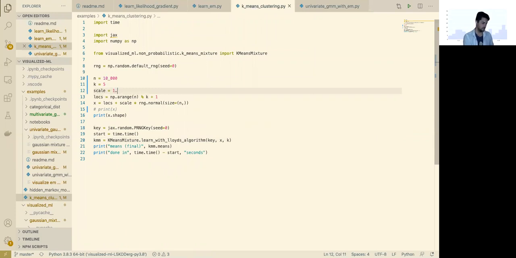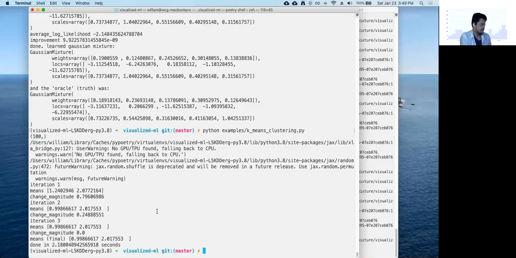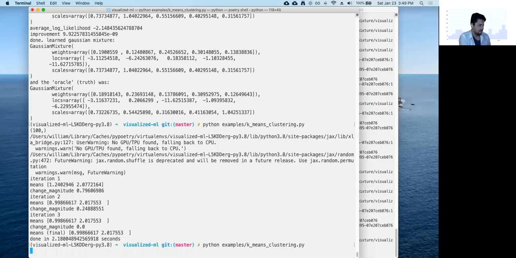So actually, this is not a great example. What I'm doing here is creating a data set by sampling from a Gaussian mixture where everything is centered at, it looks like, 0, 1, 2, 3, and 4, each with a standard deviation of 1.